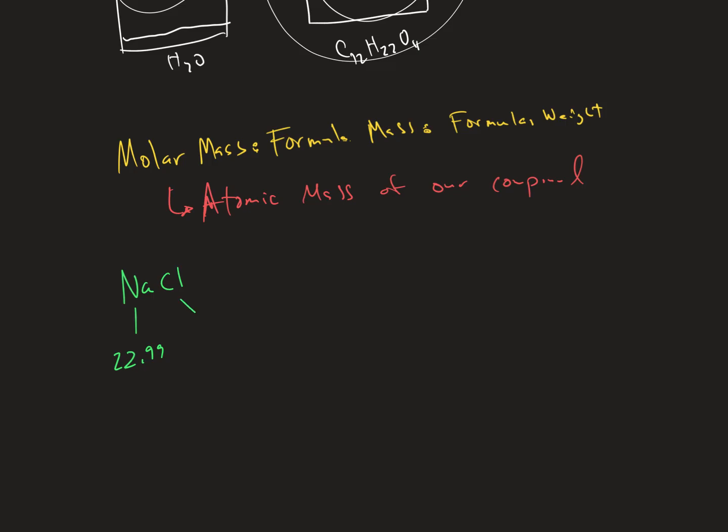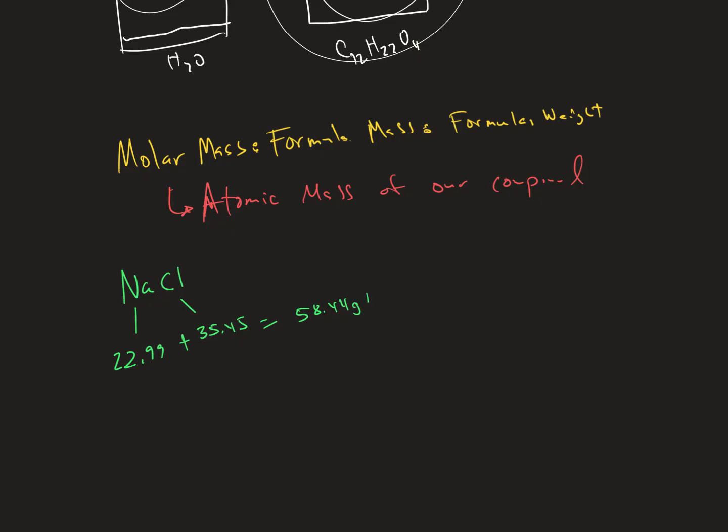And what's the atomic mass of chlorine? 35.45? Yes. Okay, so just add those together since there's one of each. And what do we get? 58.44. 58.44 what?